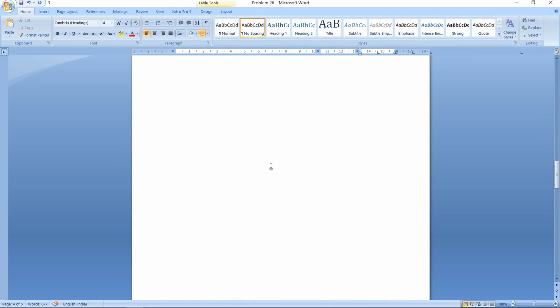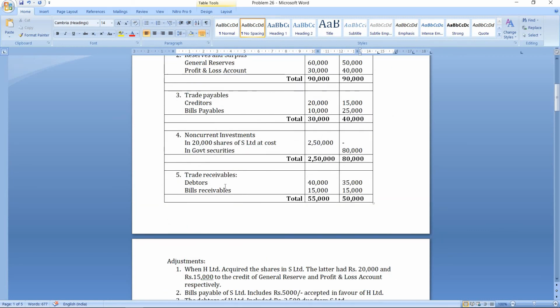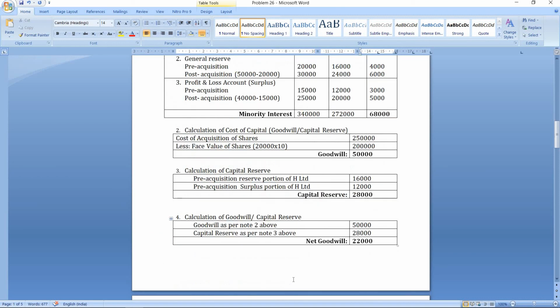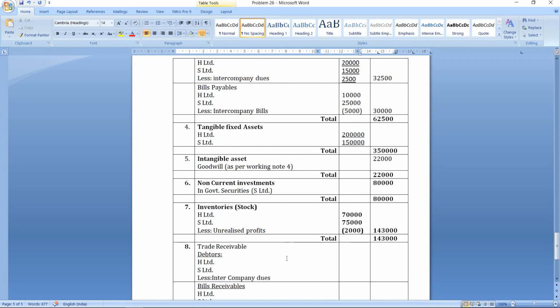Next item in the balance sheet is trade receivables. Let's look at the trade receivables that is given in the problem. In that you have debtors 40,000 and 35,000. From that you have to eliminate the intercompany debtors and creditors, 2,500. So 40,000 plus 35,000 minus 2,500. So we will show this in our notes to the balance sheet.